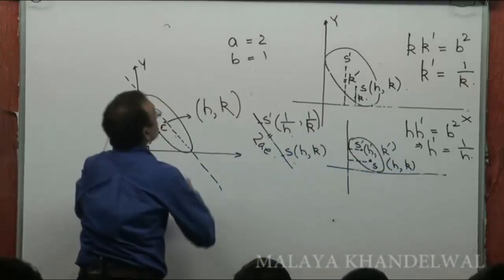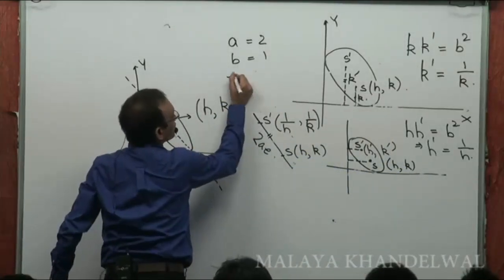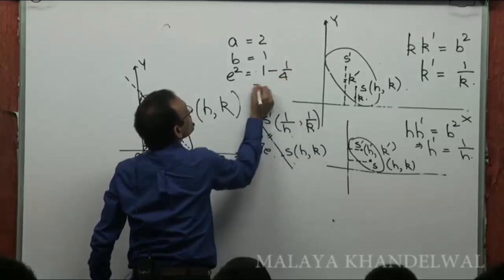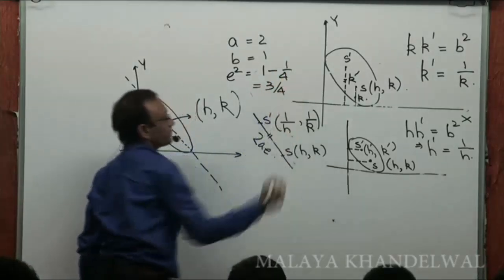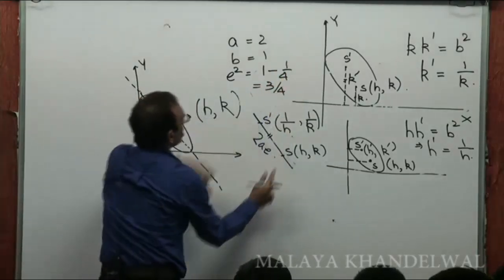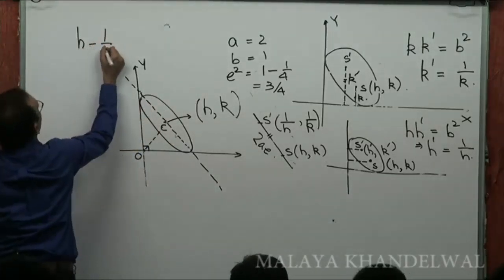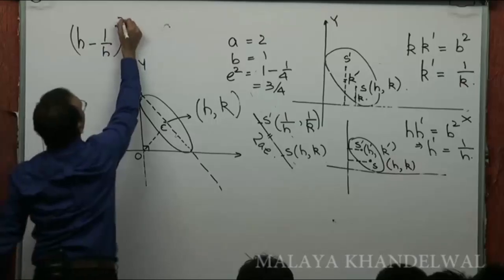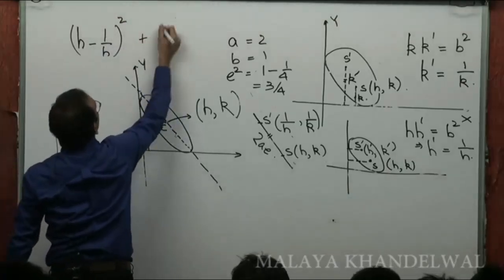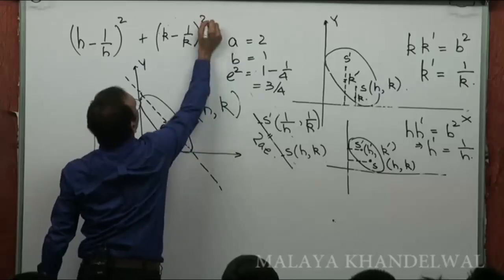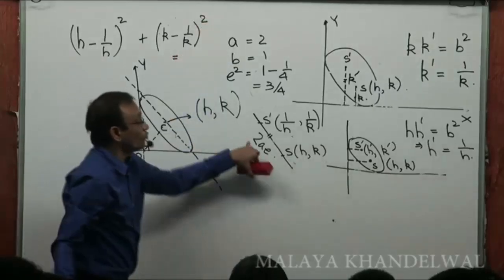Now, what is e squared here? E squared is 1 minus 1 by 4, which is 3 by 4. And the square of the distance between S and S prime is h minus 1 by h whole squared plus k minus 1 by k whole squared, which is 4a squared e squared.